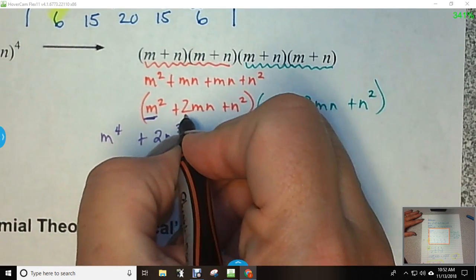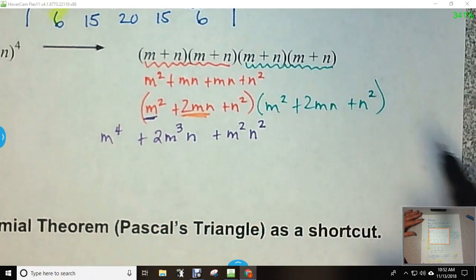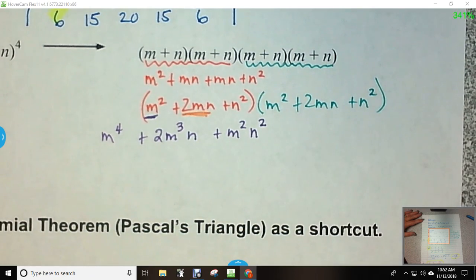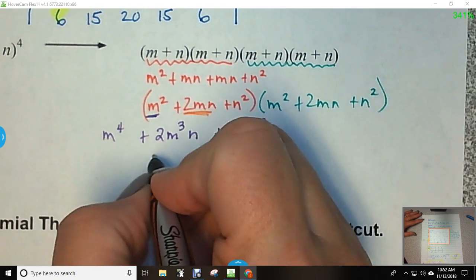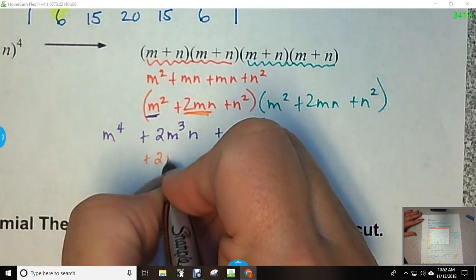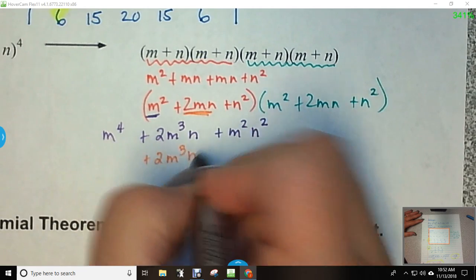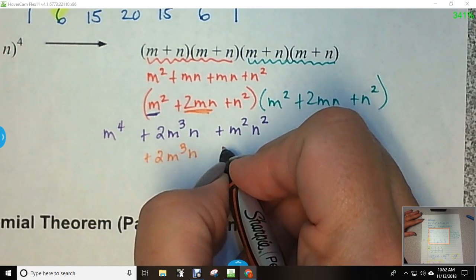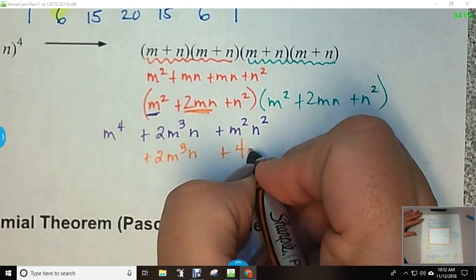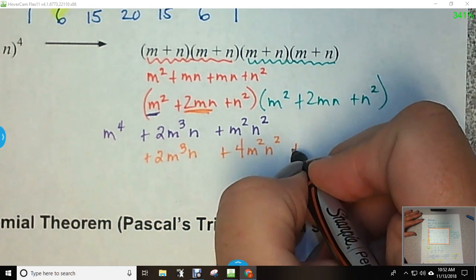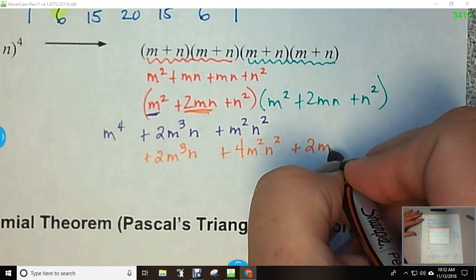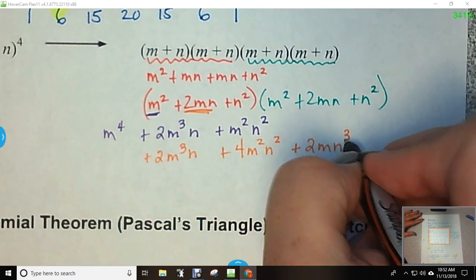Then I want to take the 2mn times everything in the green parenthesis. So that is going to give me 2m cubed n plus 4m squared n squared plus 2m n cubed.